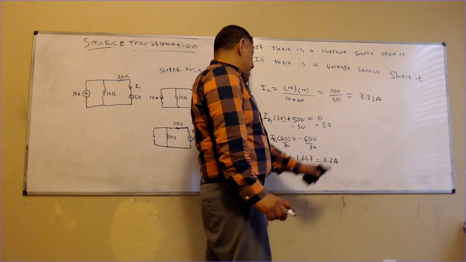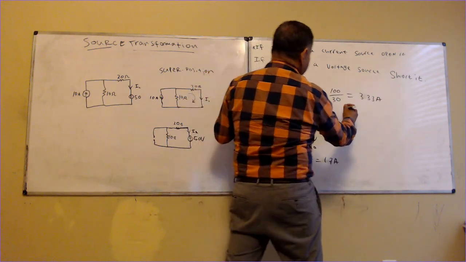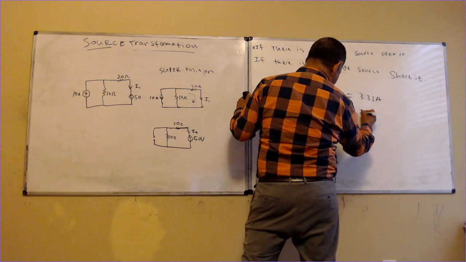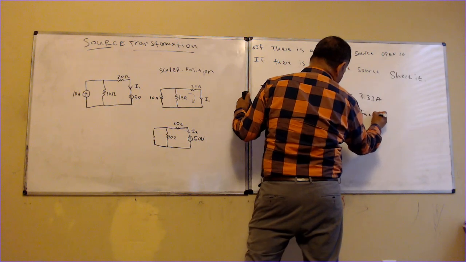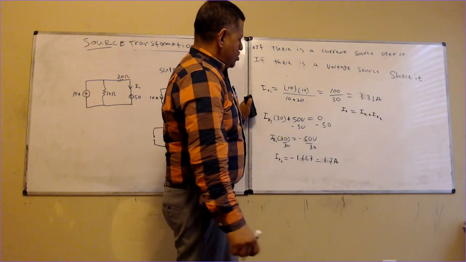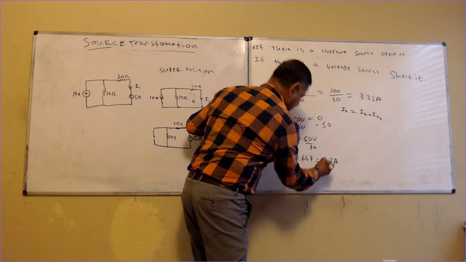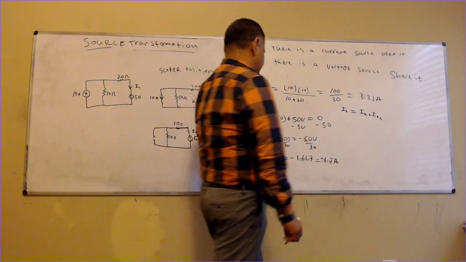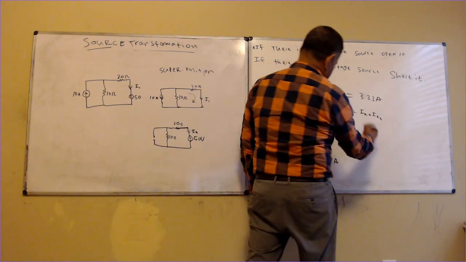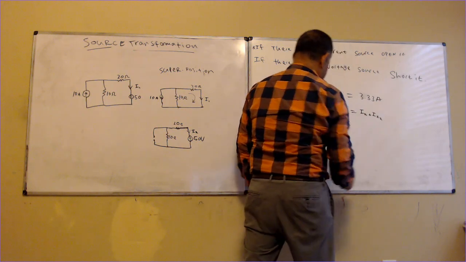So now I can say that Ix is equal to Ix1 plus Ix2. Ix2 is negative, I forgot the sign, but it's negative 1.7 amps.